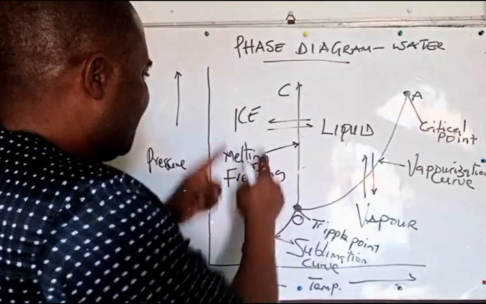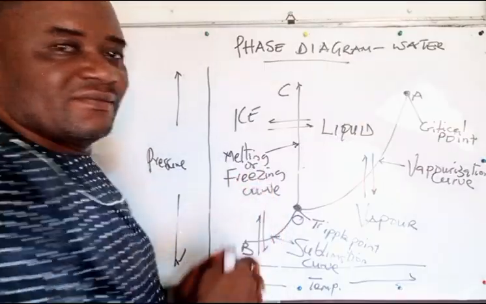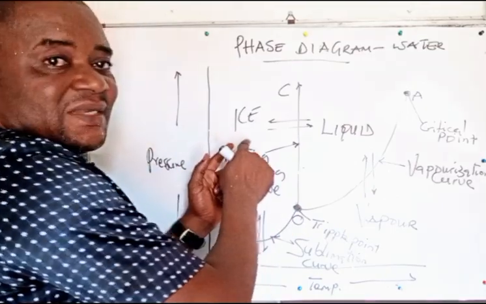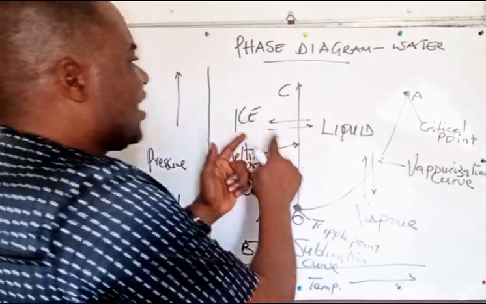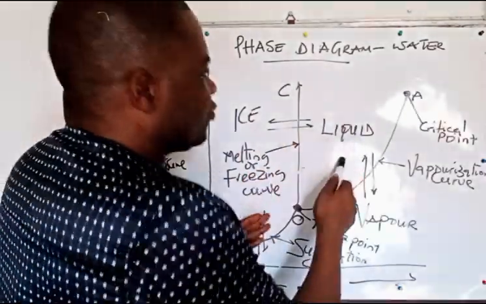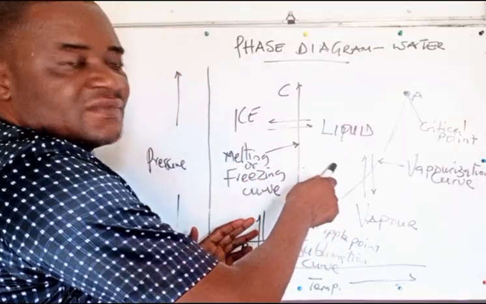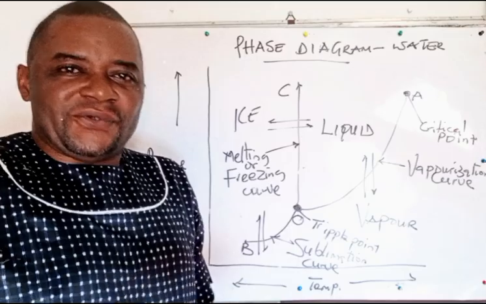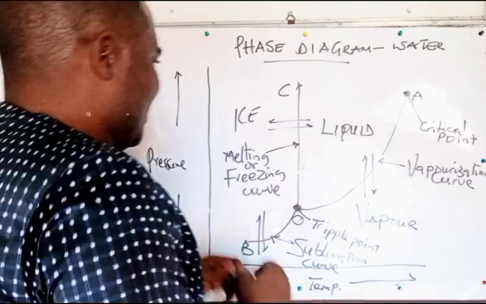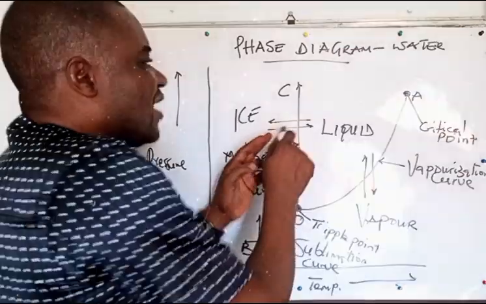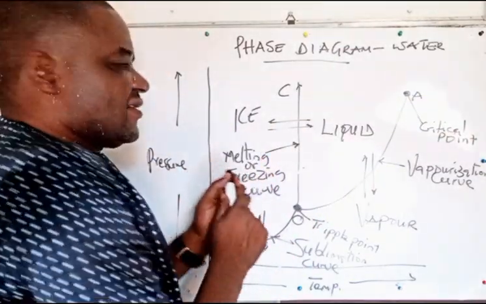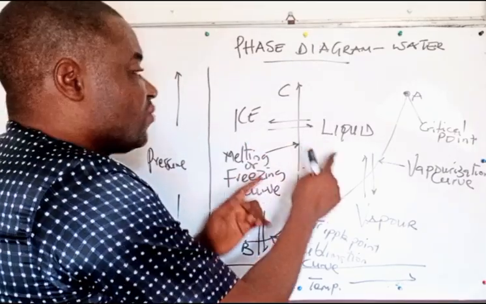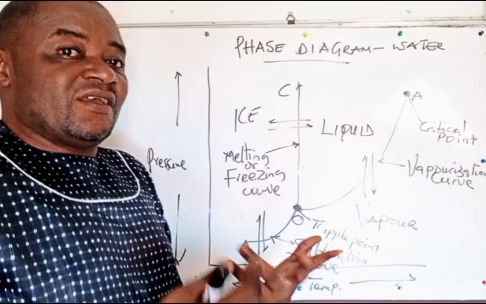At your melting or freezing curve, there is a tendency that the ice, which is the solid, could cross this curve into this other area where you have the liquid. That means the ice is melting. At a point where you have the equilibrium, there is a possible change from either ice to liquid or liquid to ice, depending on your regulation of the temperature and pressure.